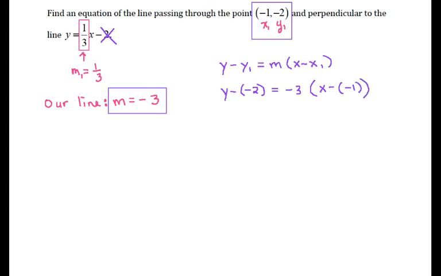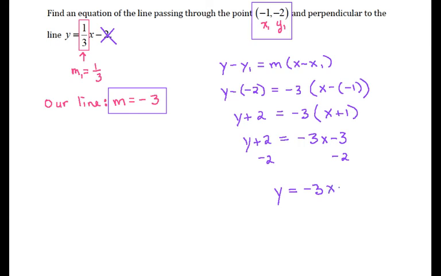Now I'm just going to simplify these signs. y plus 2 equals -3 times x plus 1. Then distribute into the parentheses. And finally subtract off 2. This gets me a slope-intercept equation.